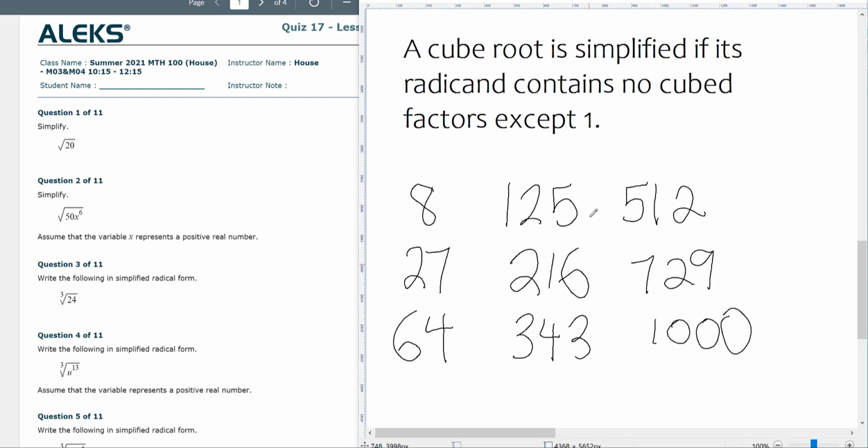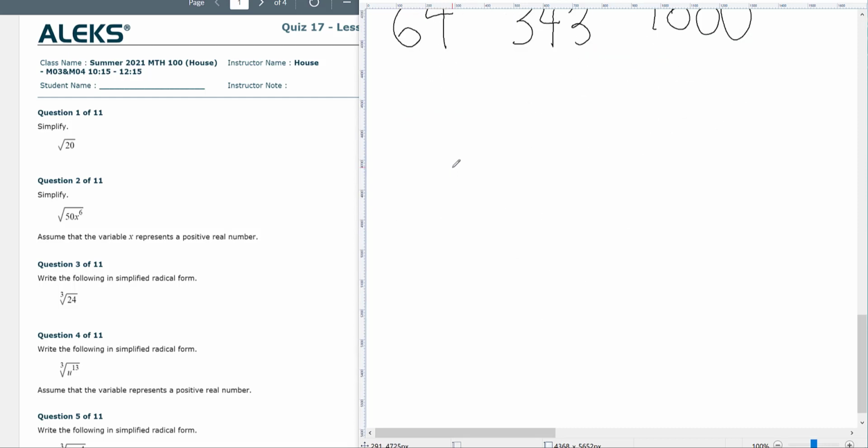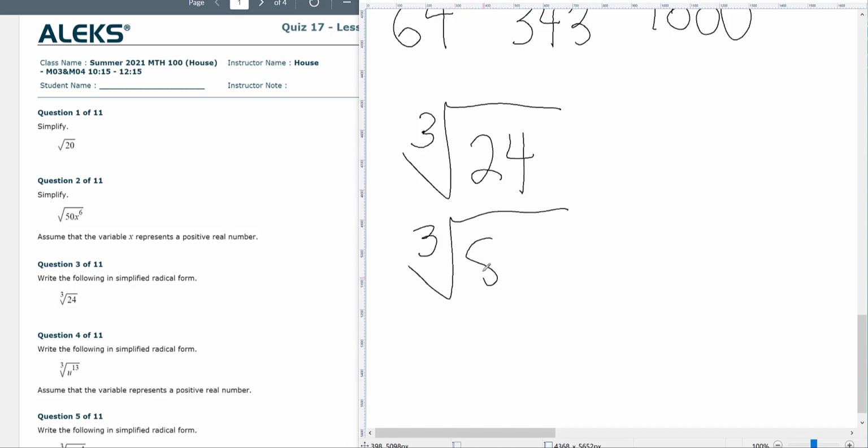So we're looking for factors that are cubes that will go into 24, and that's only going to be this 8. So my cube root of 24 can be rewritten as the cube root of 8 times 3. And the cube root of 8 is 2, and then I have my index of 3 and a 3 radicand left inside.